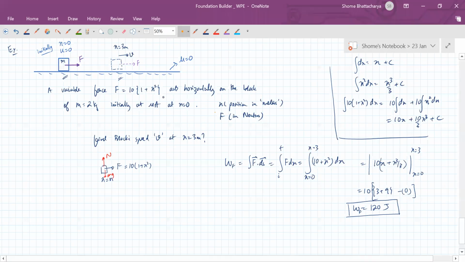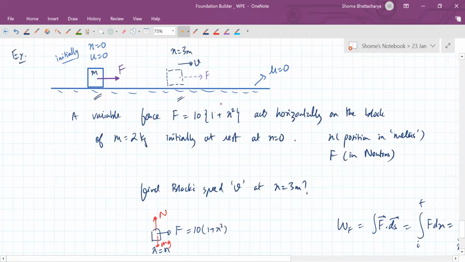No no beta, x square is in the force, this term is square. Maybe the writing is not clear for you, but this is square, na? This term is square. This is x to the power 2. Okay.